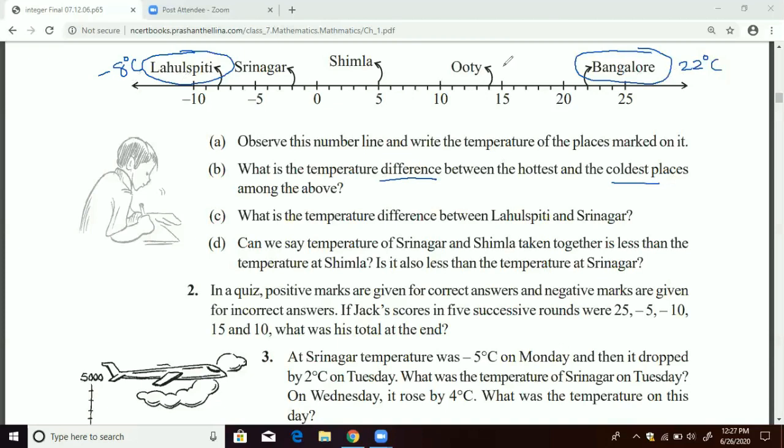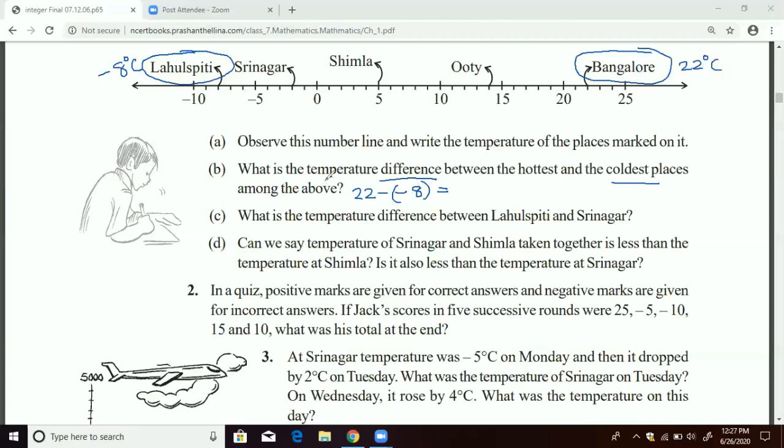We want to find the difference between 22 and -8. So we are subtracting 22 minus -8.